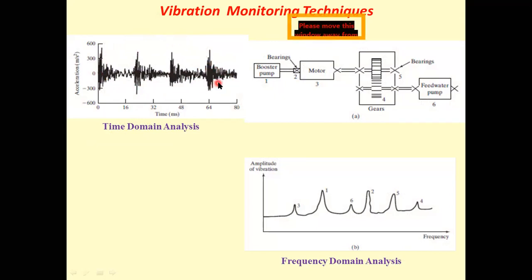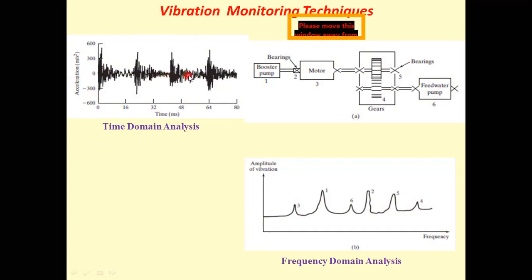So this time domain waveform shows the time domain waveform of a faulty gear. It is a graph of acceleration, that is meter per second square, with time: 0, 16, 32, 48, 64, 80 seconds or milliseconds. So this is the time and this is your acceleration.